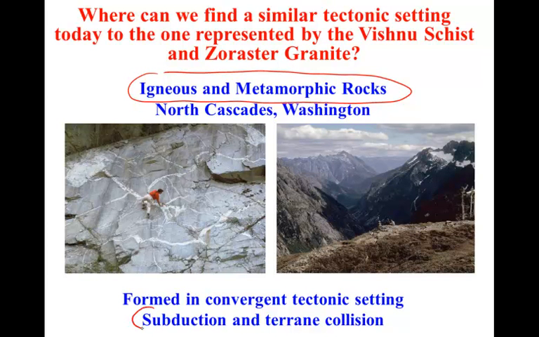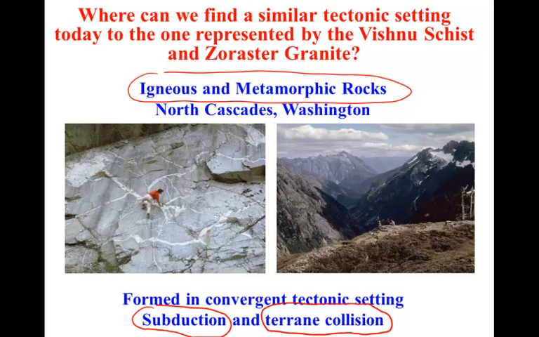Subduction is occurring, high silica magmas are being made. At the same time, thick blocks of buoyant crust are being accreted to, colliding with North America, forming metamorphic rocks and a compressional mountain range.